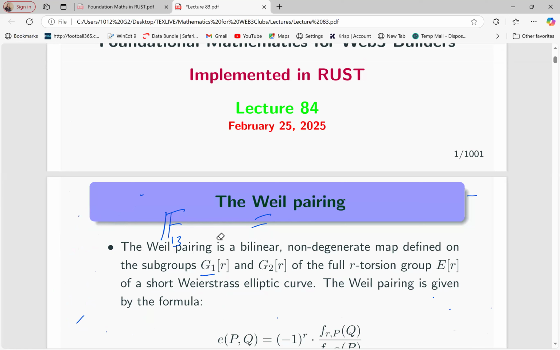That is why at some point we were learning how to convert from one form to the other, because there are forms that enable some computation on them. The short Weierstrass form would enable Weil pairing.